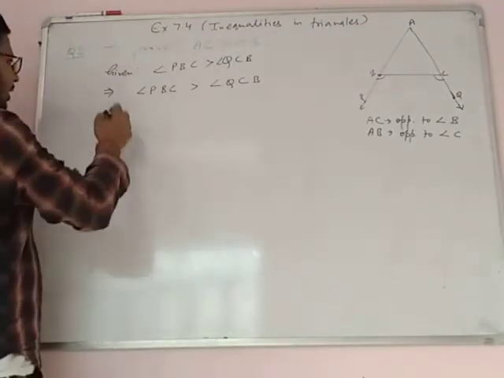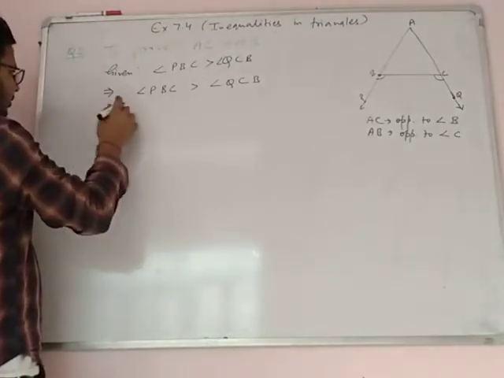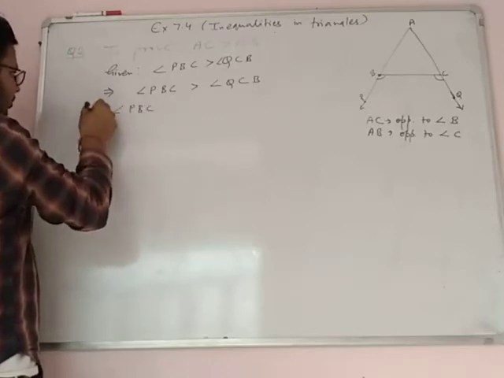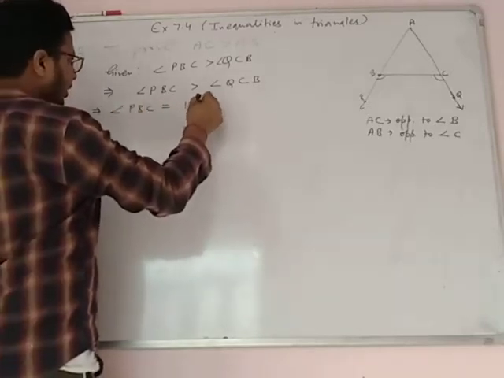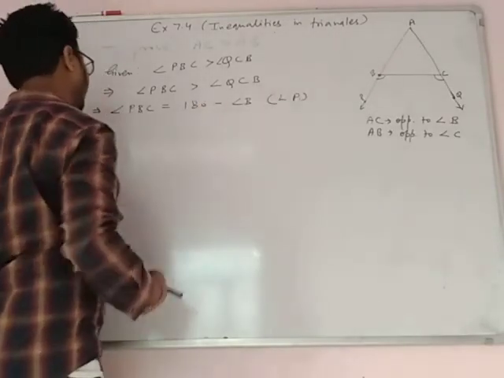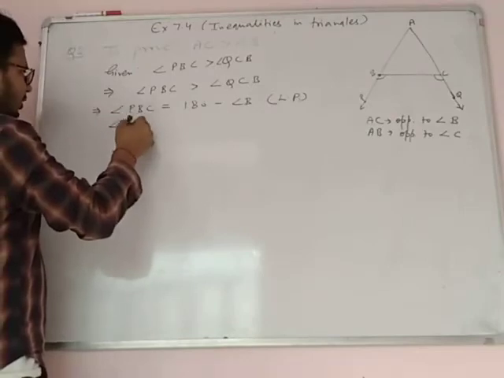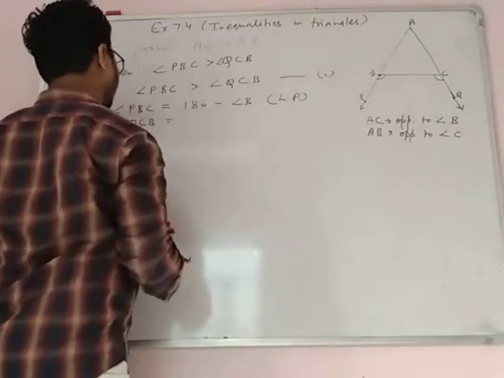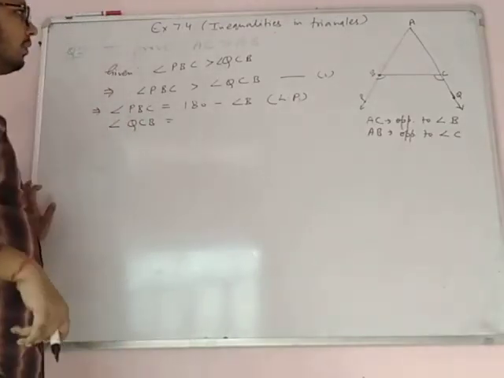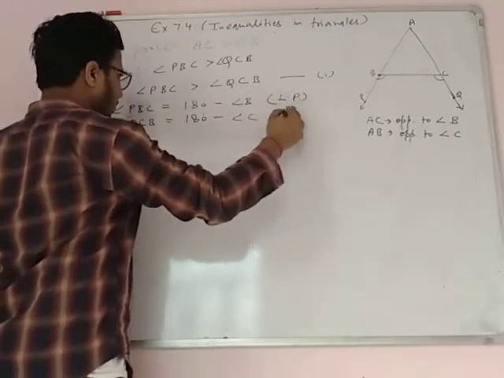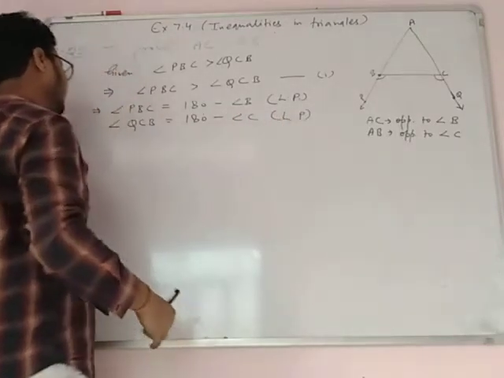As we know that angle PBC is equal to 180 degree minus angle B, forming the linear pair property, and angle QCB, first मान लेते हैं ना, QCB is equal to 180 degree minus angle C, same using the linear pair property.